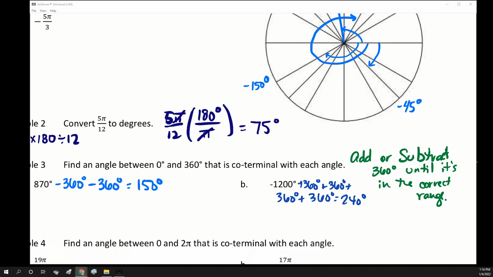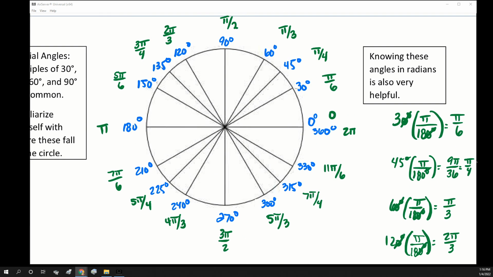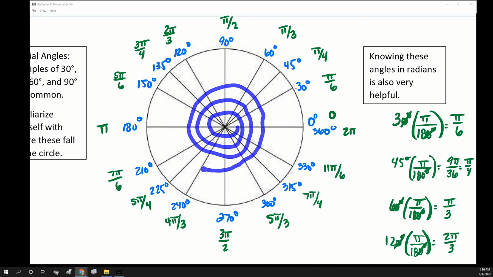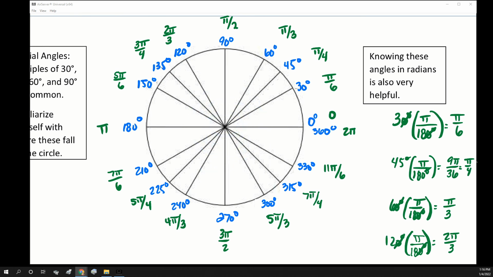All right, so what this one means is that you're going to rotate in the negative direction around 4 times and then stop at 240 degrees. So they have the same initial and terminal sides, but they're different angles. One is a whole lot of swirlies, and one is just directly to 240.